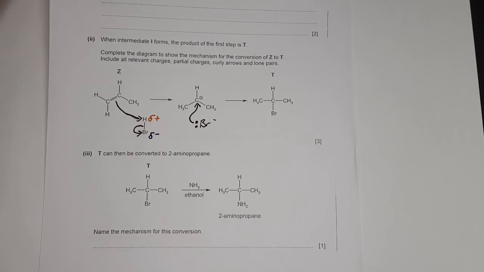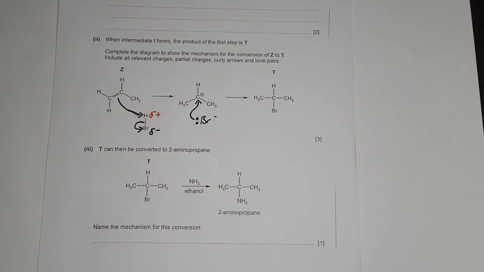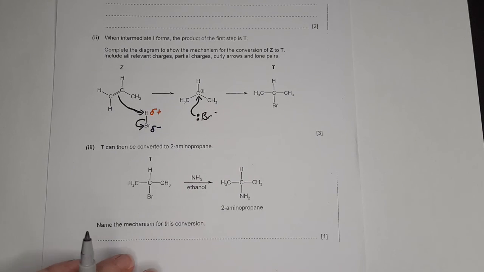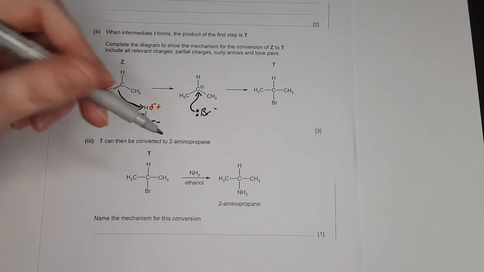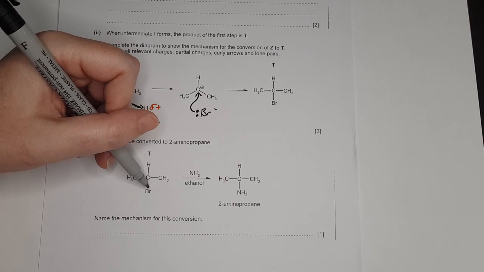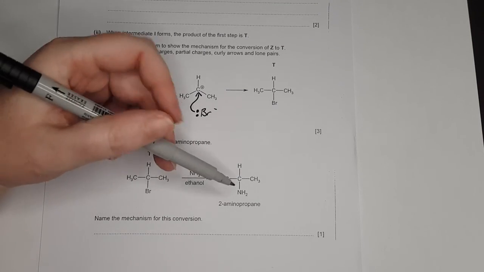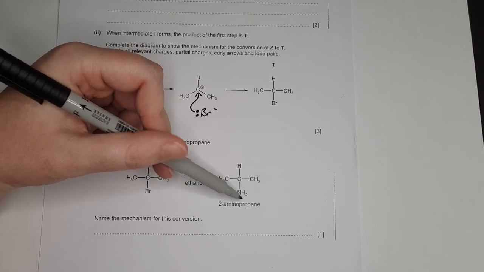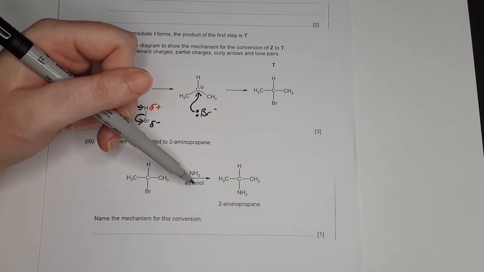And then our last question that we're going to look at says, T can then be converted to 2-aminopropane, and they show you the reaction. And the thing that they want to know is name the mechanism for this conversion. So I'm taking a halogen alkane with the halogen, and I swap the halogen for the amine group from the NH3 in methanol.